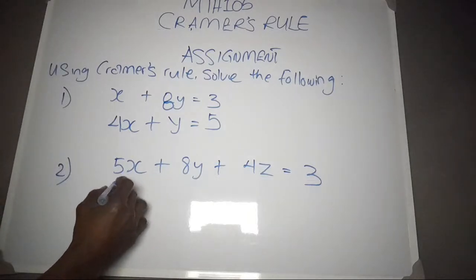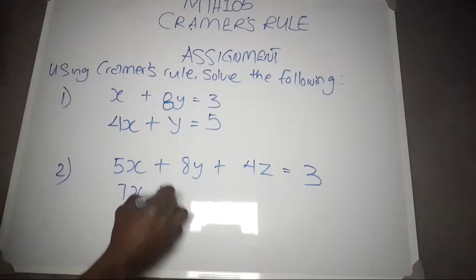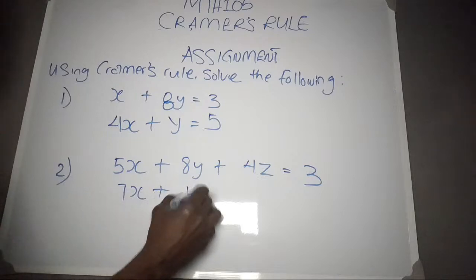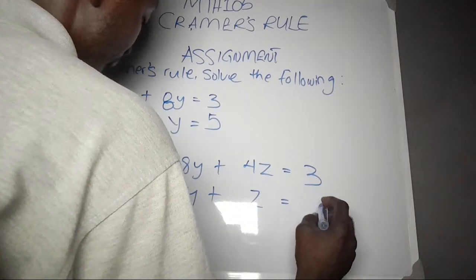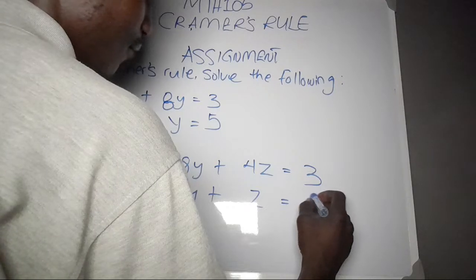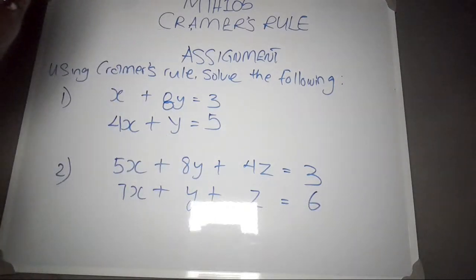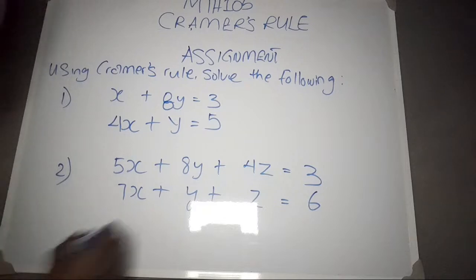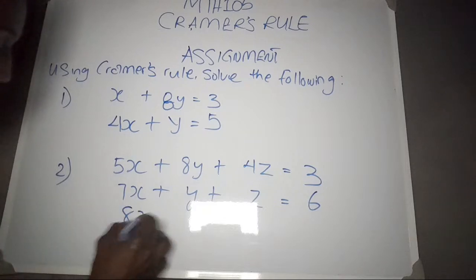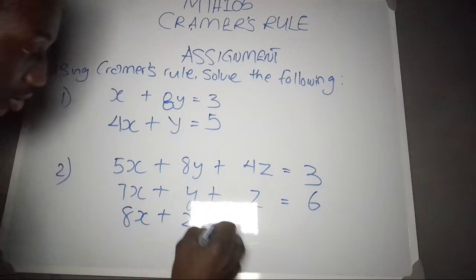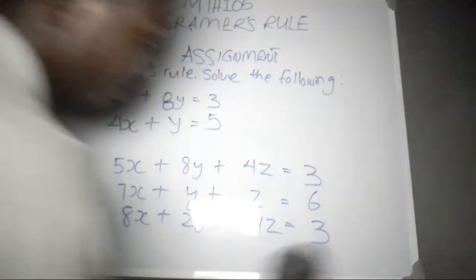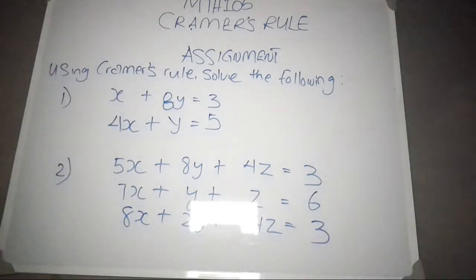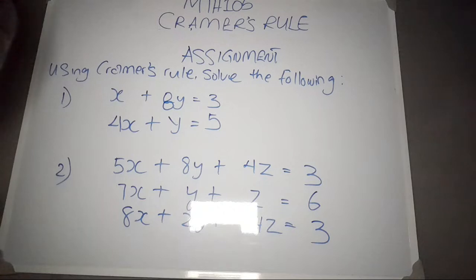And we have 7x plus y plus z equals 6. And we have 8x plus 2y plus 4z equals 3. So that'll be our assignment. Do well to attend to it and submit it to the class.